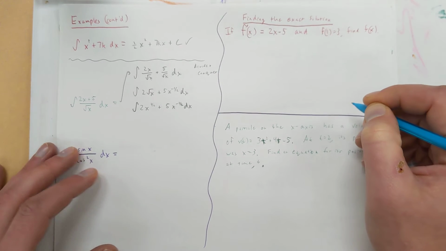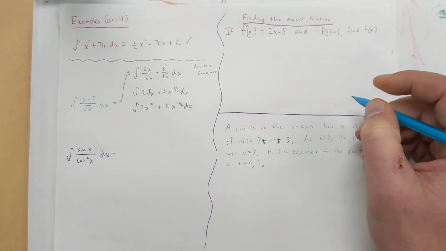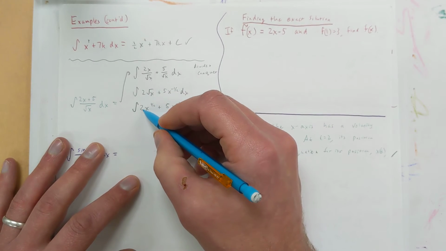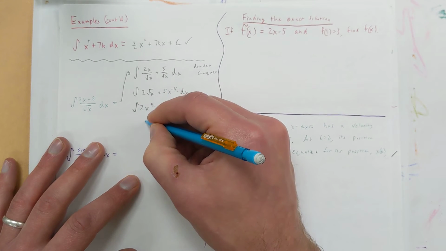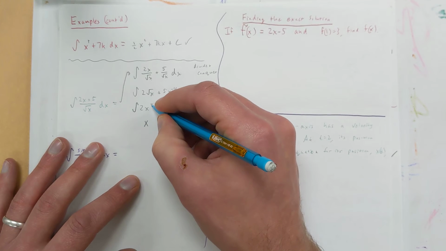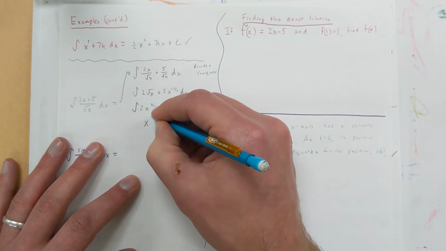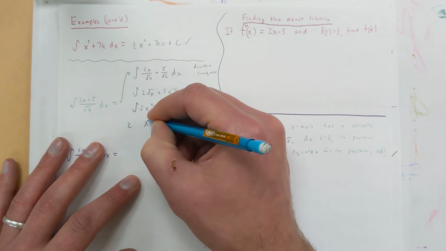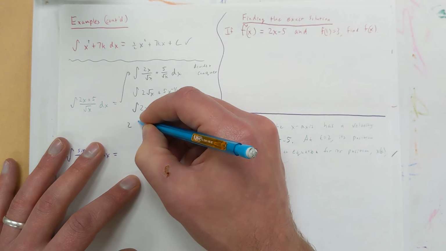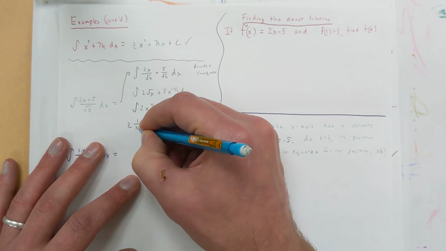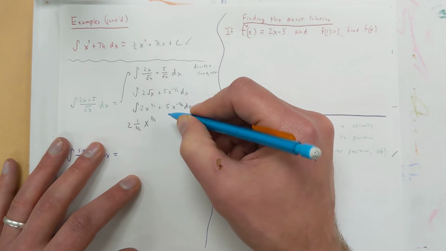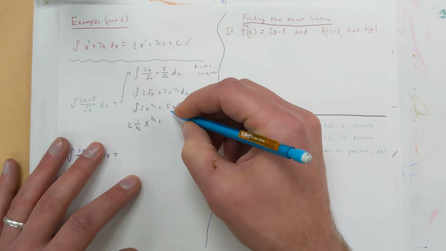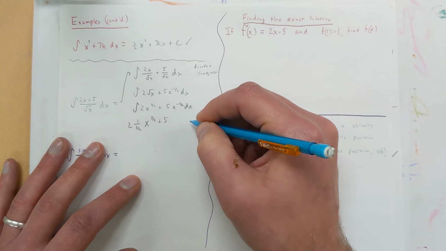And then I just have to use my power rule. So this is going to become x to the, if I add 1 to 1/2, I get 3/2. So I got the 2 out in front, then I'm going to get 1 over 3/2, plus 5.